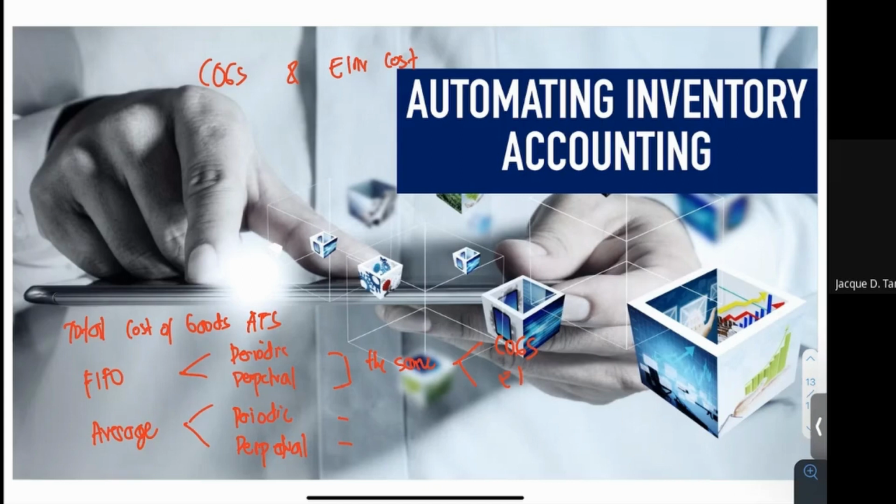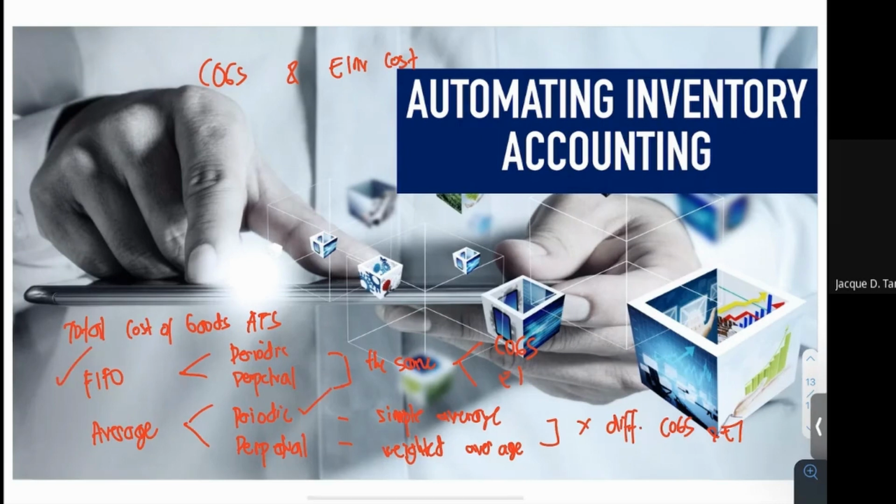While periodic average is known as your simple average, and your average perpetual is known as your weighted average. So these two lead to different amounts of COGS and ending inventory. For this session, we will particularly focus on FIFO, periodic and perpetual, and average periodic.